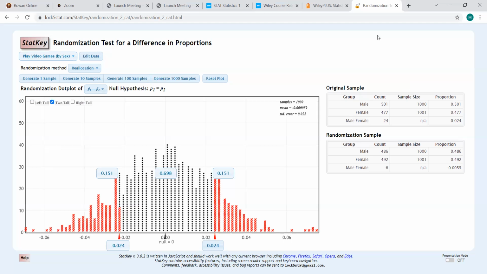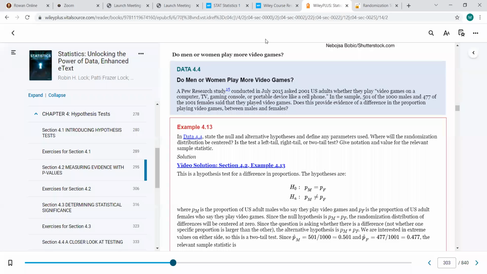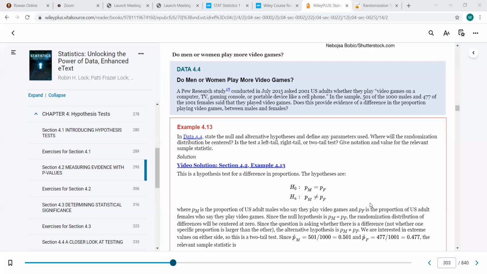All right. Let's get back to the textbook. So basically, I've shown you the three different examples of hypothesis tests. There is a left tail test, there is a right tail test, and there is a two-tail test. So those are the three types. How do we determine which type of test we have? We determine it by the alternative hypothesis.